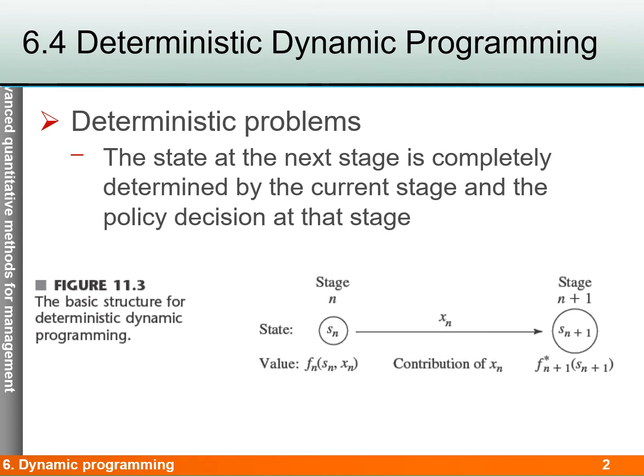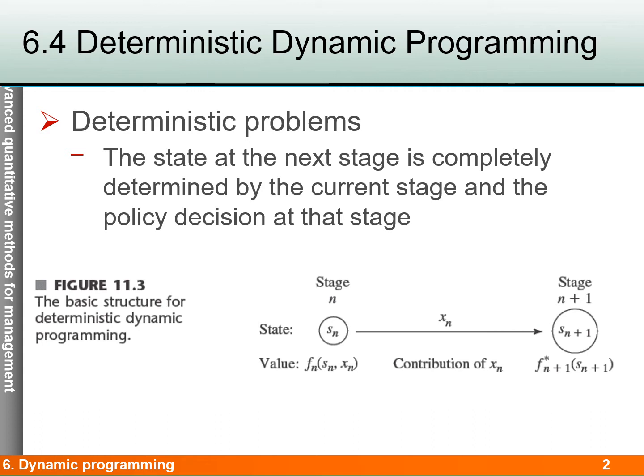In this section, we want to focus on the concept of deterministic dynamic programming, where the state at the next stage is completely determined by the state and policy decision at the current stage. The probabilistic case, that is the other one, is where there is a probability distribution for what the next state will be. We'll talk about that in the next part.